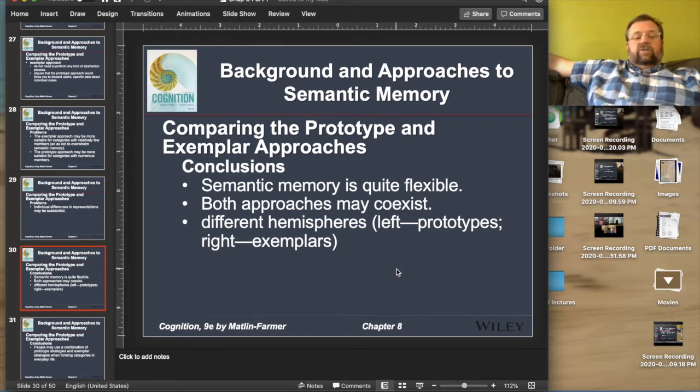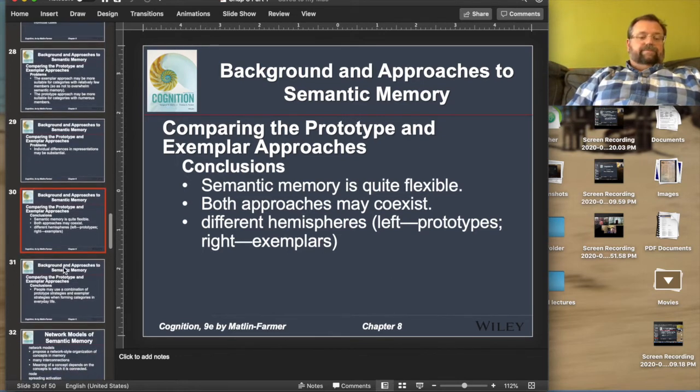Could be that these two things exist in different hemispheres of the brain. For example, the left hemisphere may be more made for dealing with prototypes, whereas the right hemisphere is more made for dealing with exemplars.